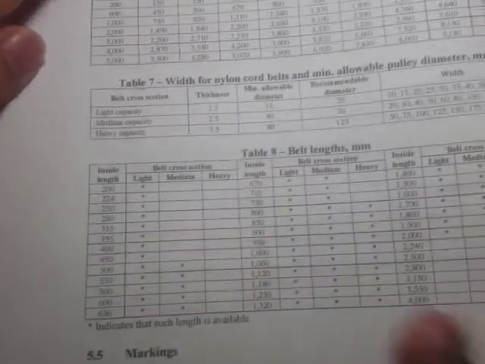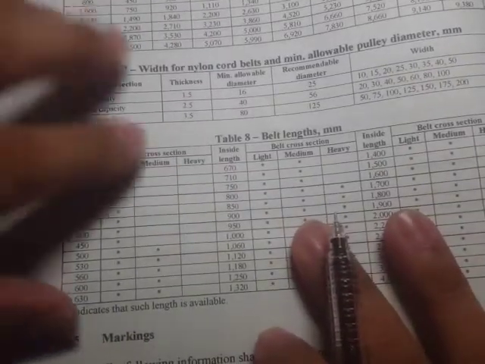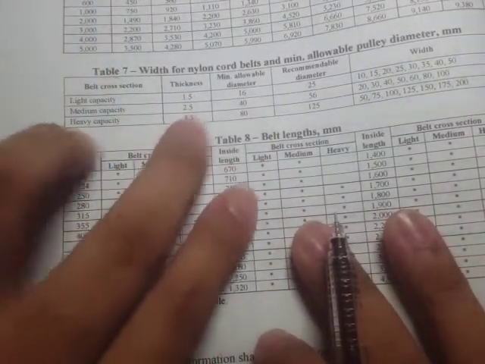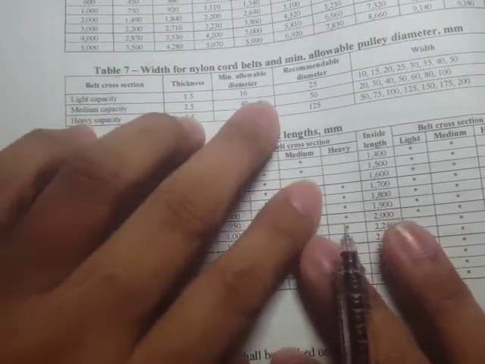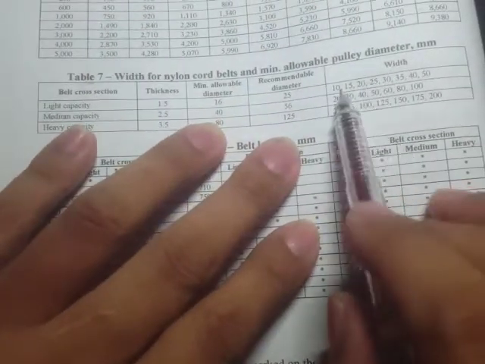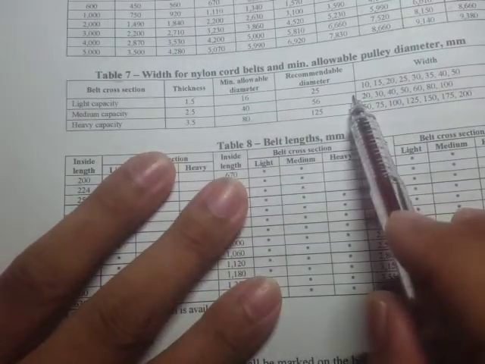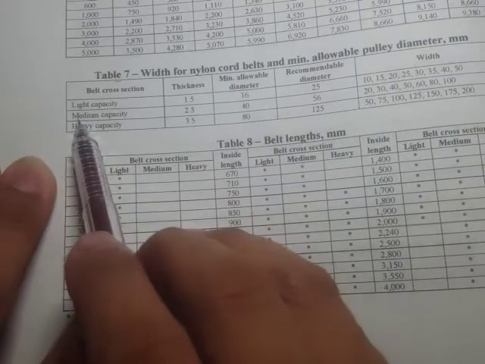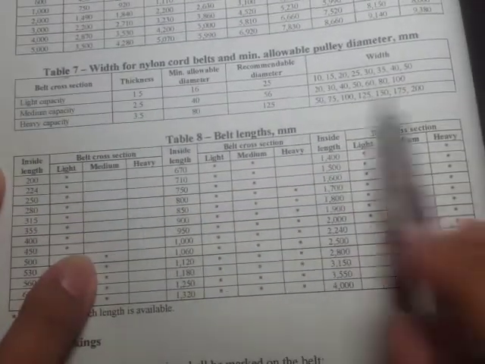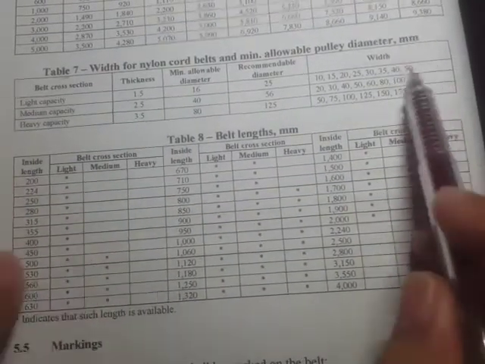Okay, what else? For table 7, you just have to check the thickness, the minimum allowable diameter, the recommended diameter, and the width right here. So if we have a light capacity section, then what's the available width? If you have a medium capacity, here's the available width, and that's in mm.